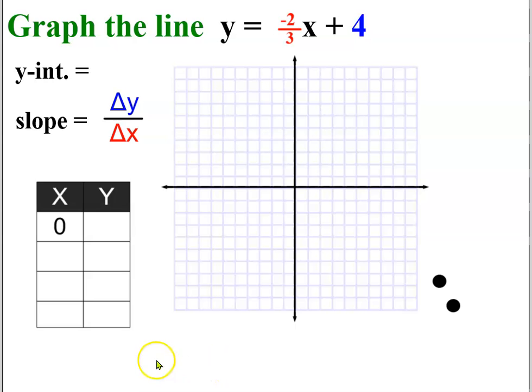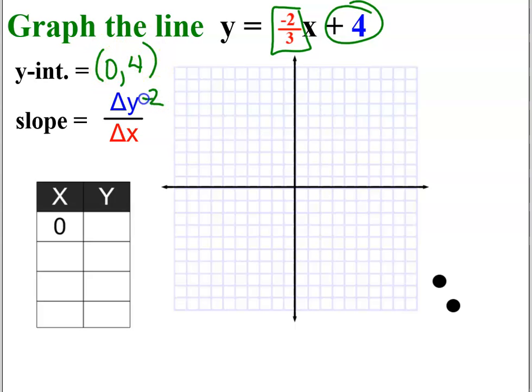Let's try another one. My y-intercept here is 4. My slope is negative 2 over 3. So again, go to the y-axis, which is this line here, and graph your point at 4. 1, 2, 3, 4. Now follow the slope. Be careful.